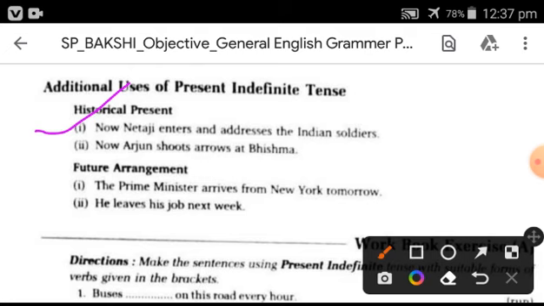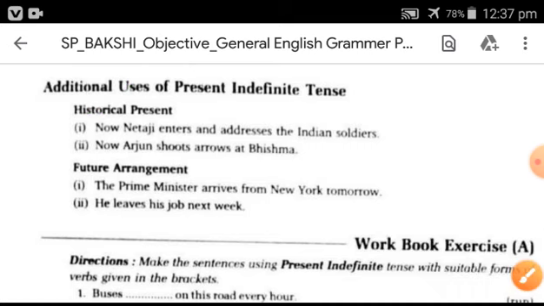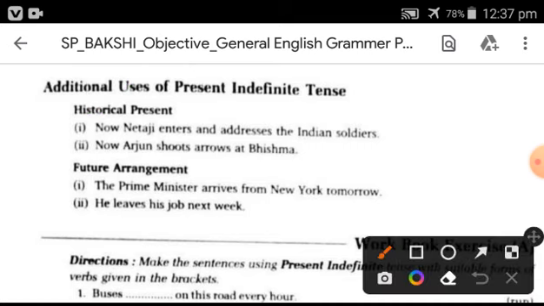Let us try to understand it with an example. Now Netaji enters and addresses the Indian soldiers. Listen, second sentence. Now Arjun shoots arrows at Bhisma.